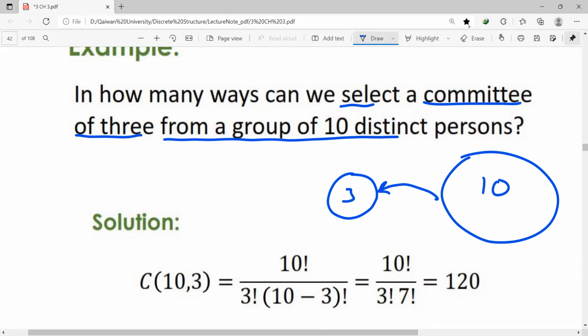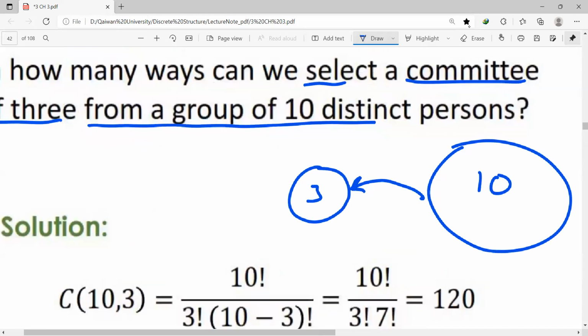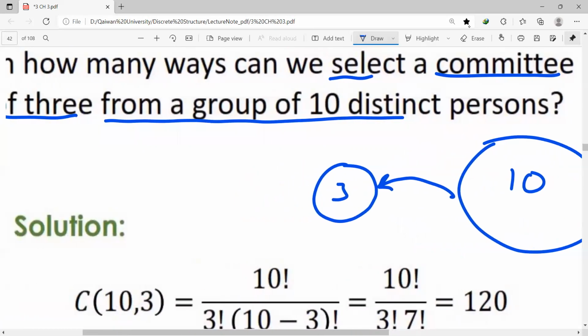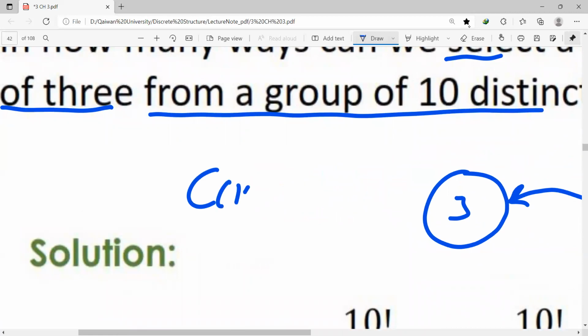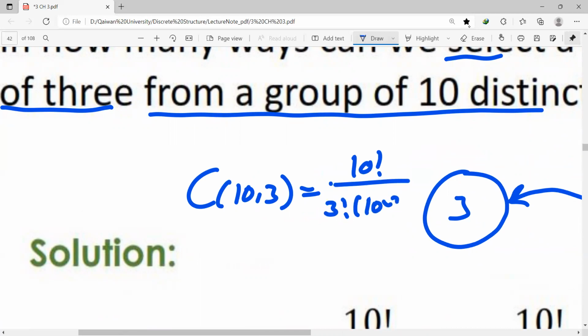This equals C 10 and 3. It equals 10 factorial dividing by 3 factorial times 10 minus 3 factorial. So this equals 10 factorial dividing by 3 factorial times 7 factorial.